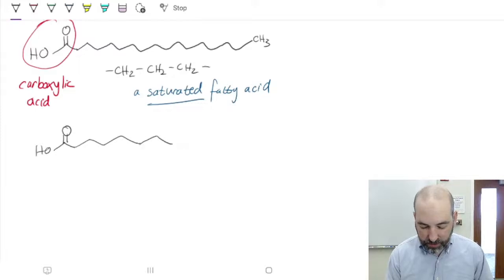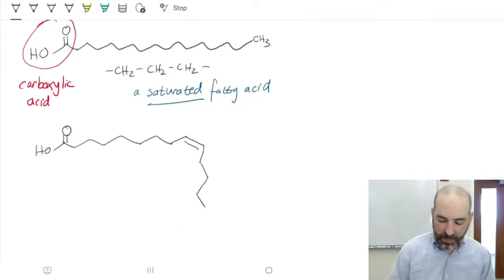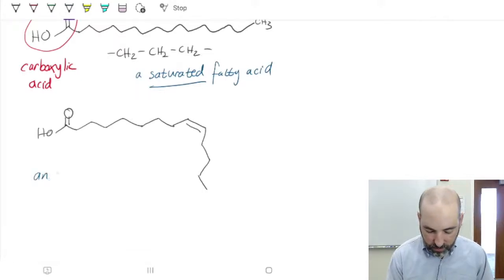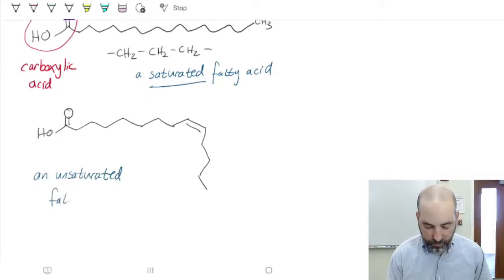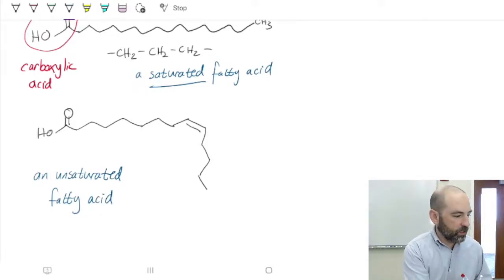What those double bonds are going to do is not only add the double bond, but they're going to change the geometry by making that fatty acid sort of turn a corner like this. So this would be an unsaturated fatty acid.